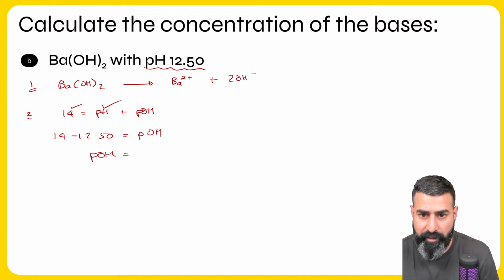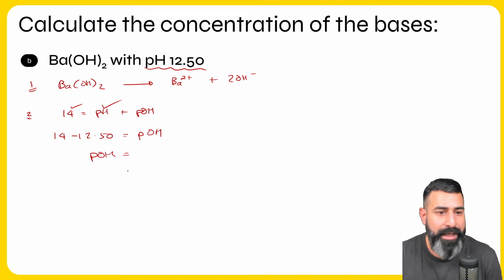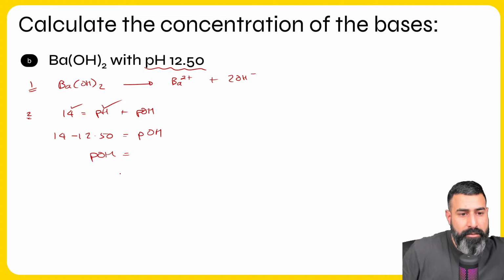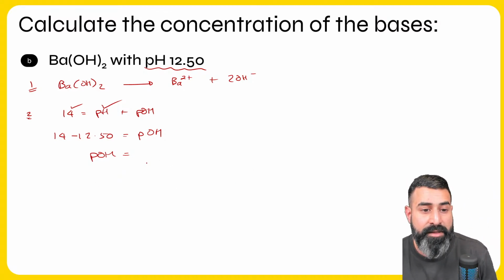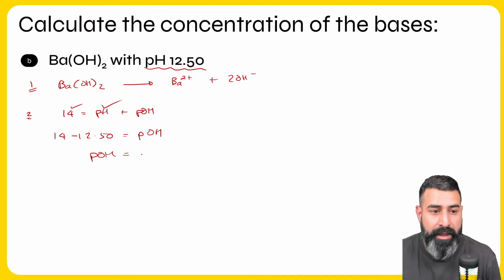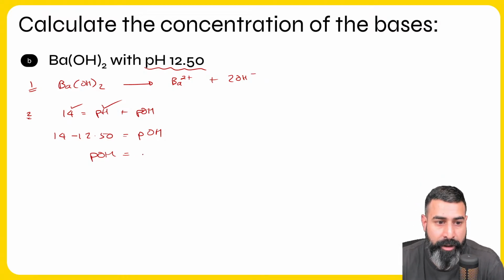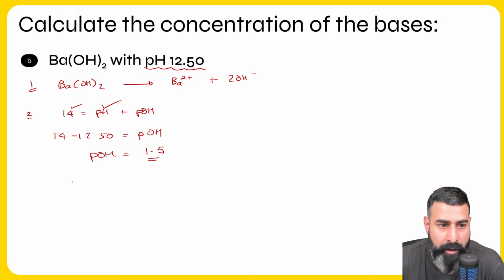Everyone okay with this so far? 14 take away 12.50. What do we get as pOH then? Divya, just bear with, we're getting to that bit in a second. I'll show you why I'm doing this approach. So pOH should be 1.5.